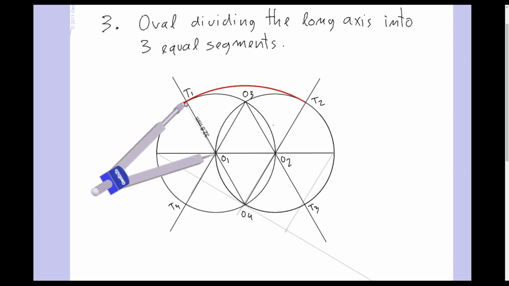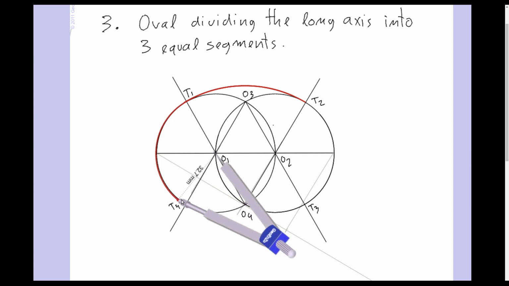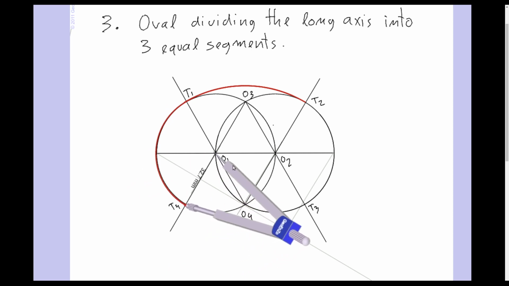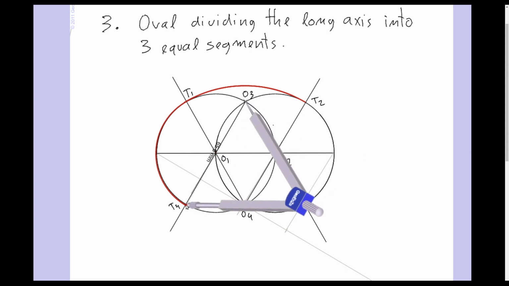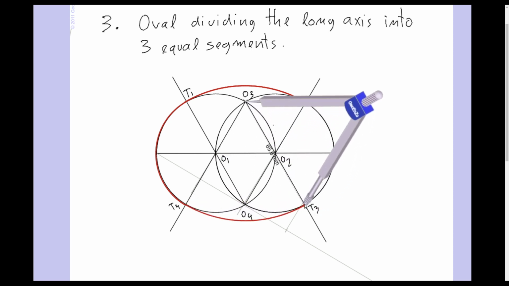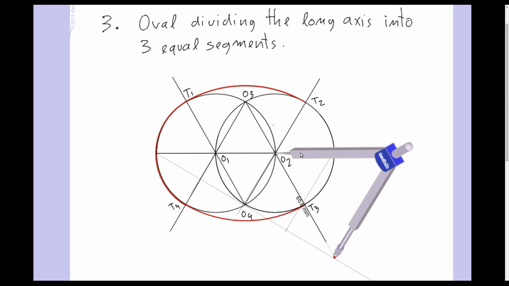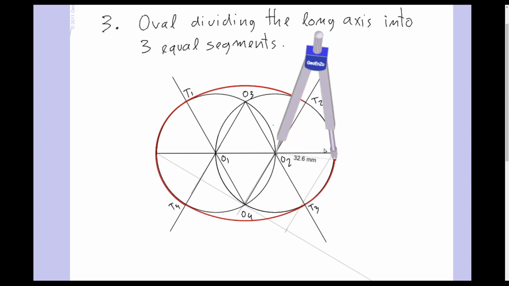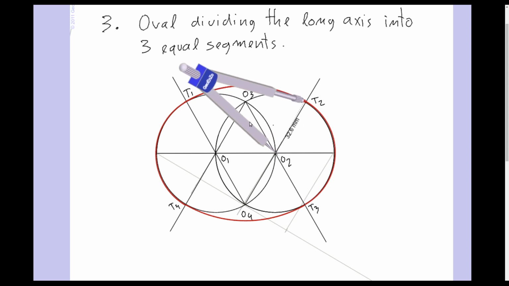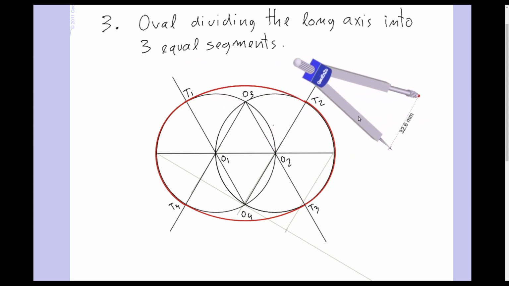So let's repeat it till we get it. Well, then we go again to O3, and from here to there. And let's finish it from there to here. Okay. That would be good enough.